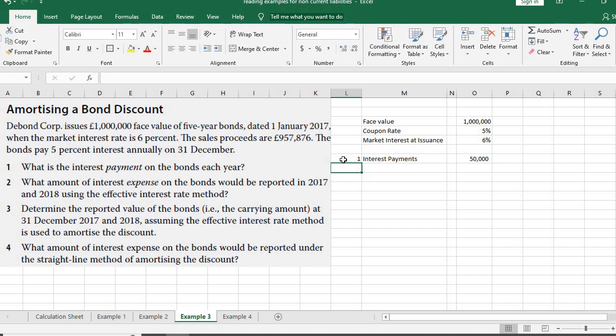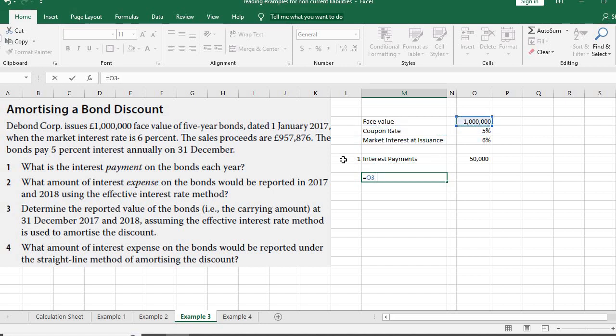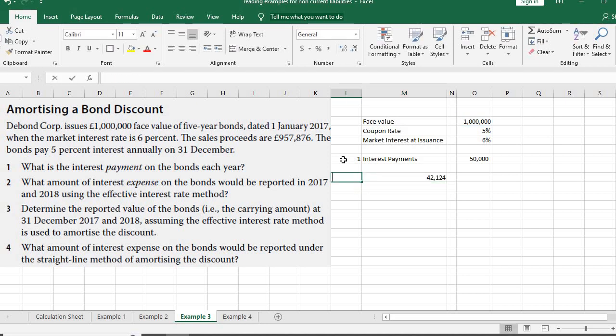So basically 1 million minus 957,876. So the discount on this bond at issuance was 42,124 pounds. So over the life of this bond, this 42,124 has to be periodically adjusted to the carrying value of our liability on the balance sheet.